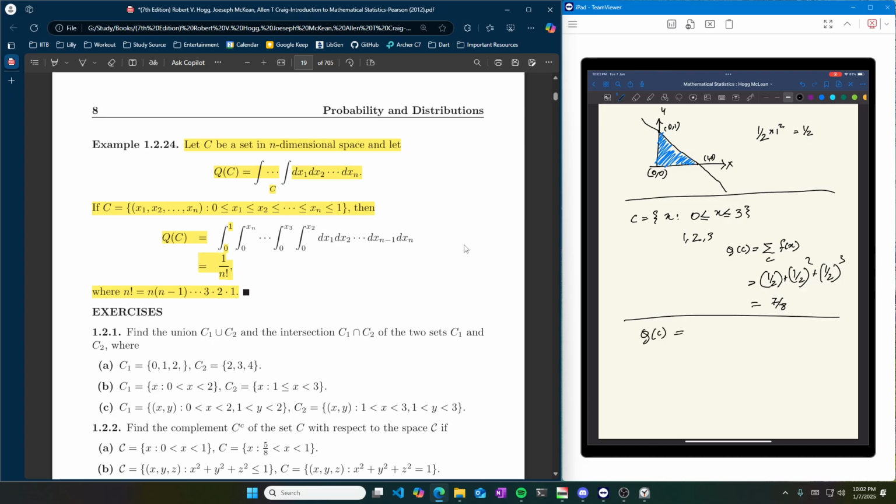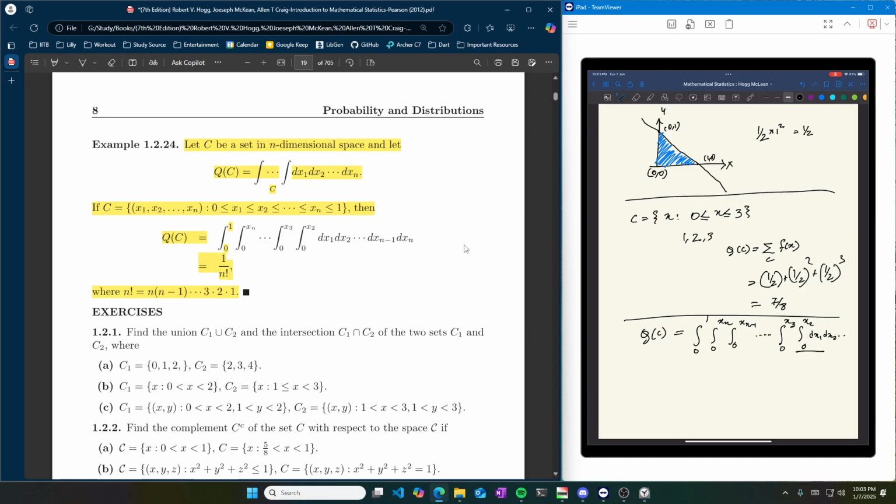Yeah, QC is the integration of 0 to 1, 0 to xn, 0 to xn minus 1, down to 0 to x3, 0 to x2, dx1, dx2.